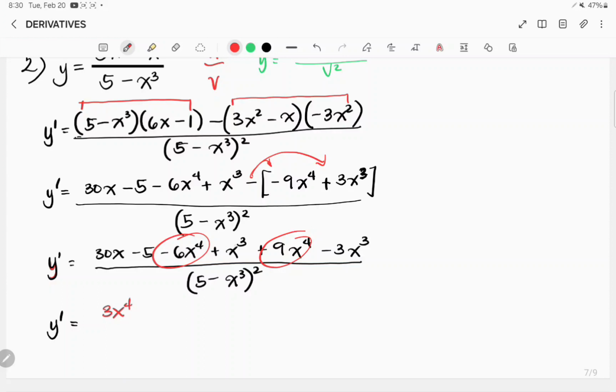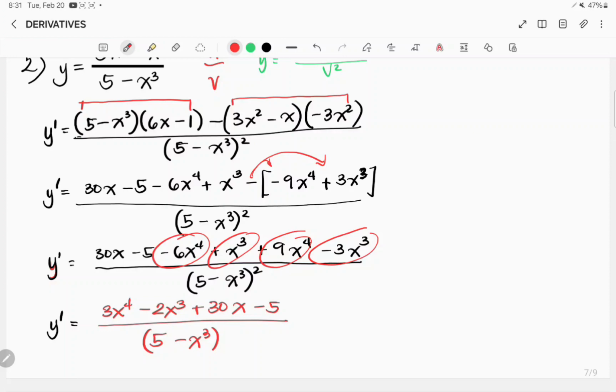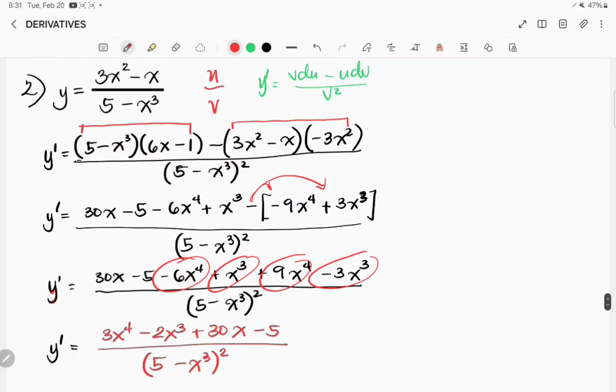And then we have x cubed and negative 3x cubed is negative 2x cubed, followed by positive 30x and negative 5, all over 5 minus x cubed raised to 2. We can still expand the denominator. However, this form of answer is already accepted as the derivative of the given function.